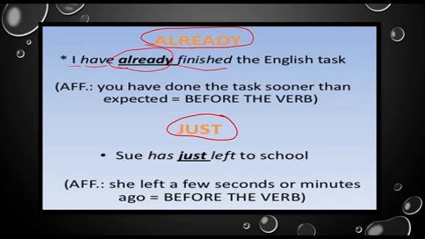I have already finished the English task. Affirmative. You have done the task sooner than expected. Before the verb. Tú has hecho la tarea lo más pronto de lo esperado. ¿Dónde va? Antes del verbo.